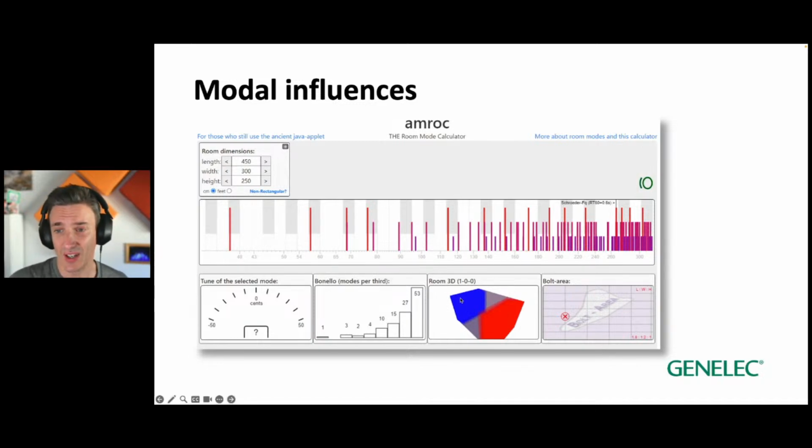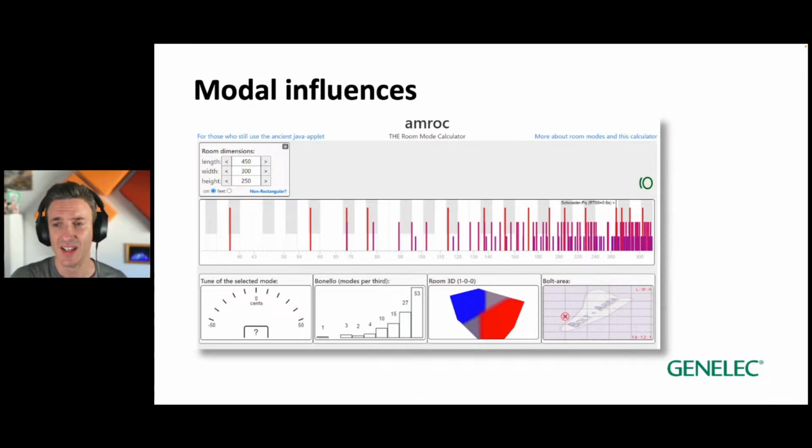So it's important: although you see two colors, blue and red, both of them are showing maximums. They are using these two colors because if the modal field gets more complex, you will see a lot more of these zones, and then it would be impossible if it's not two separate colors. But don't get this wrong. Blue does not mean minimum. It's always a maximum.